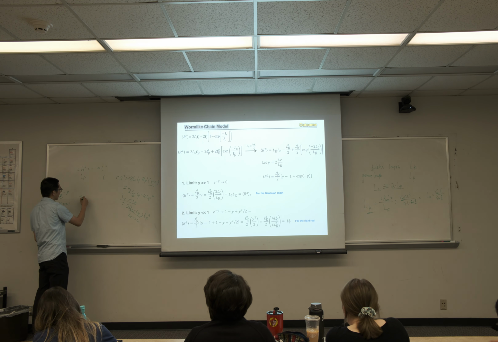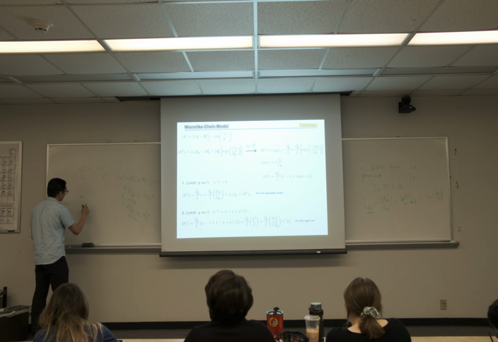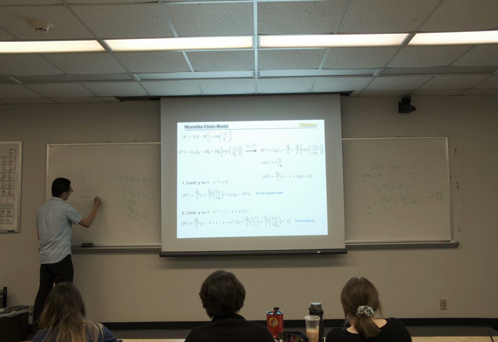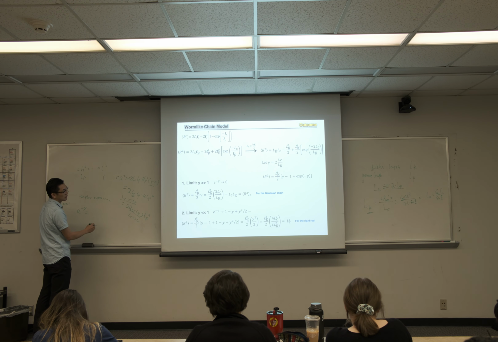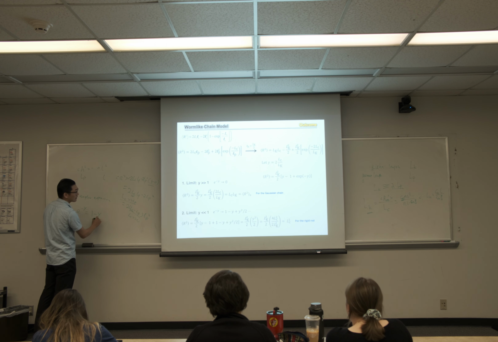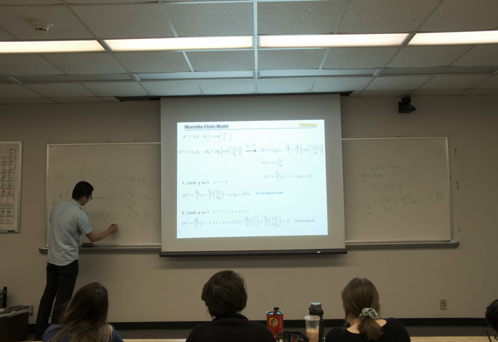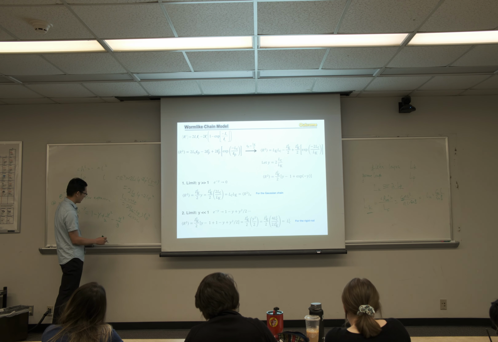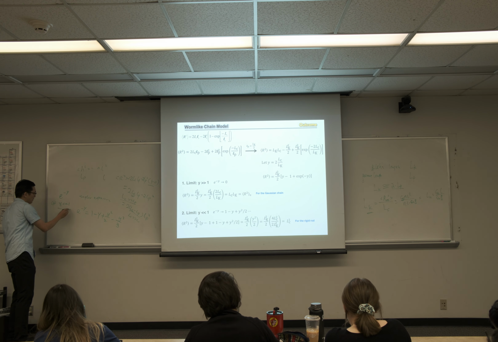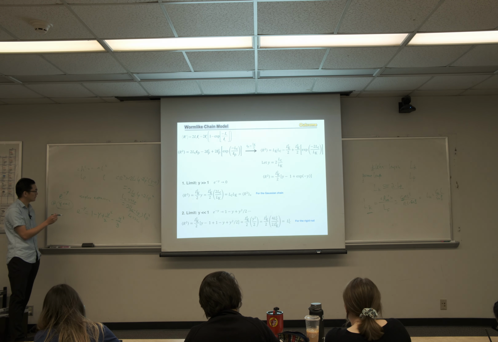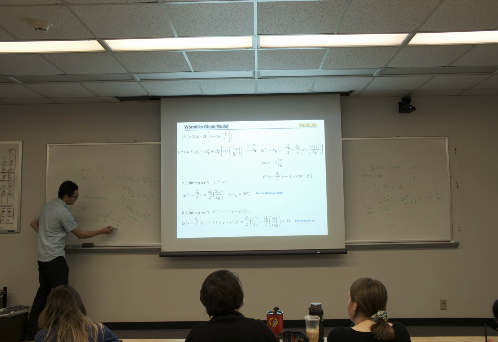We can use a Taylor expansion. It's just a math operation. This will equal 1 minus y plus y squared over 2 minus y to the power of 3 over 6. It only happens when y is much smaller than 1. So we can break down this exponent term into a more linear term.